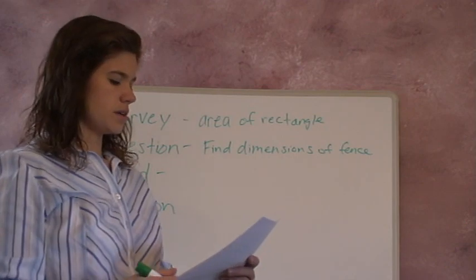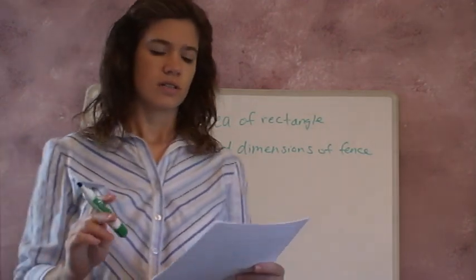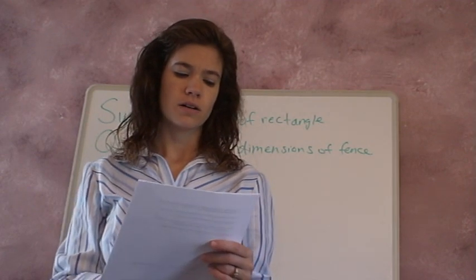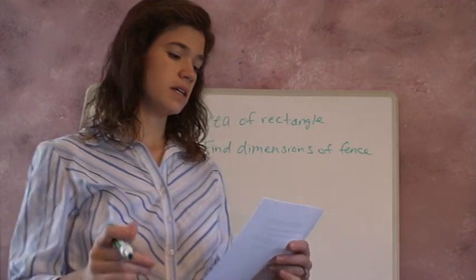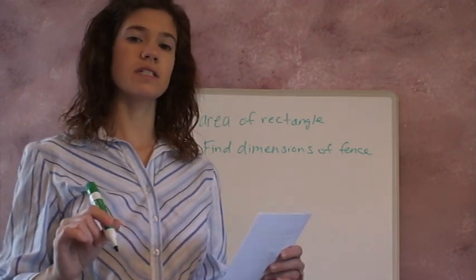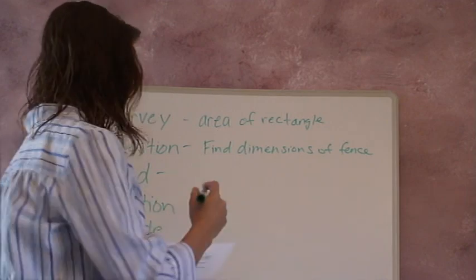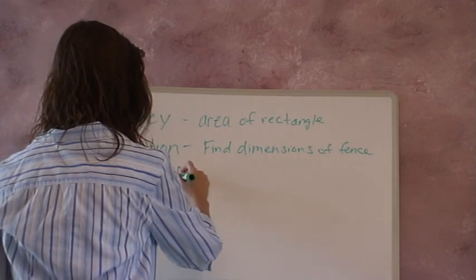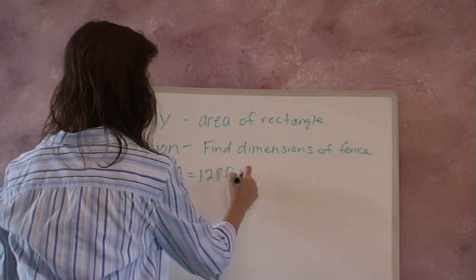Next is read. So I'm going to read the problem to gather more specific information. So let me go through here again. Okay, we know the maximum size of the fenced-in area is 128 square feet, and we want the maximum. So we know that the area is 128 square feet.